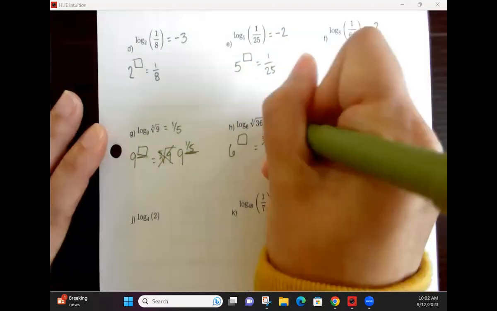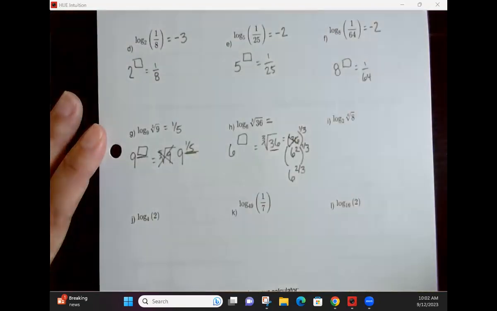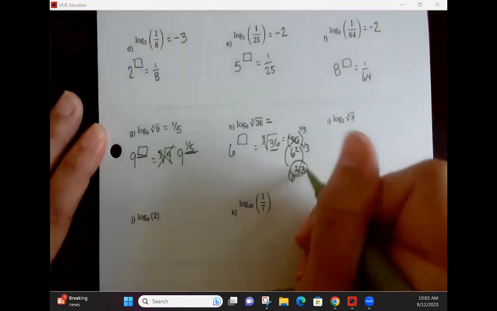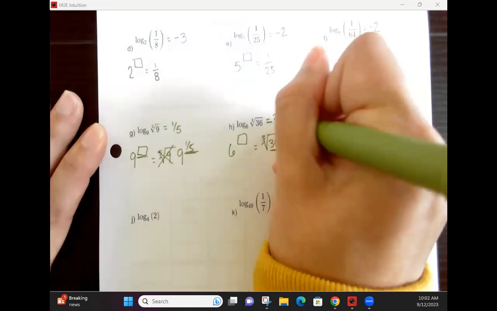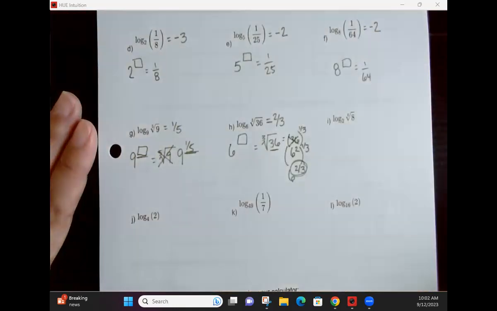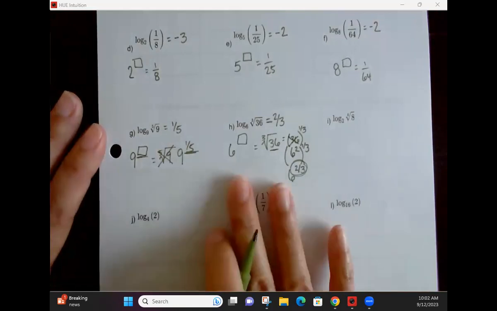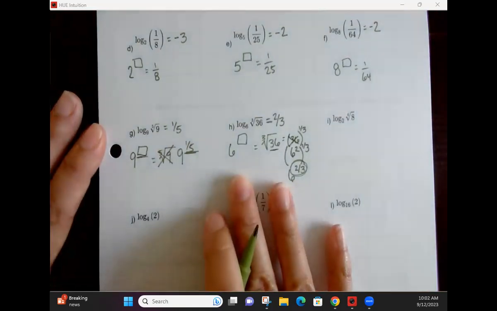So then what does our log have to be equal to? 2/3, right? A lot of exponent rules came into play on that one, but it's all stuff that we've seen before. Questions on this one? This one was a little more weedy and messy.